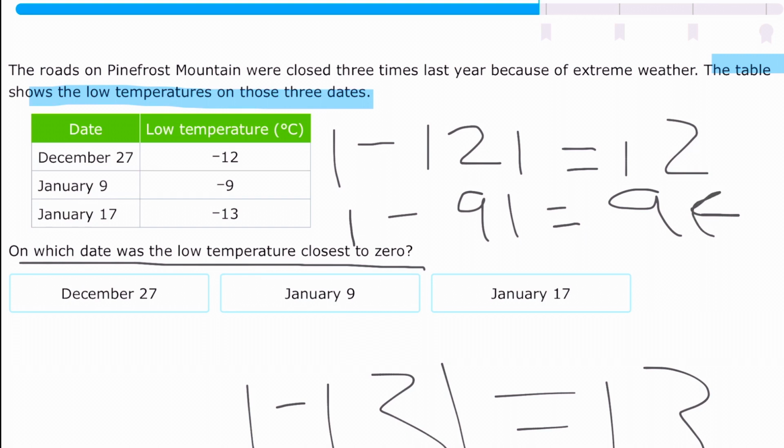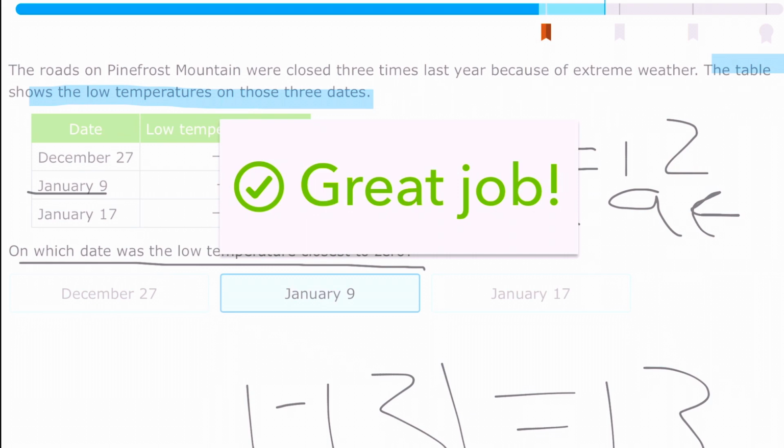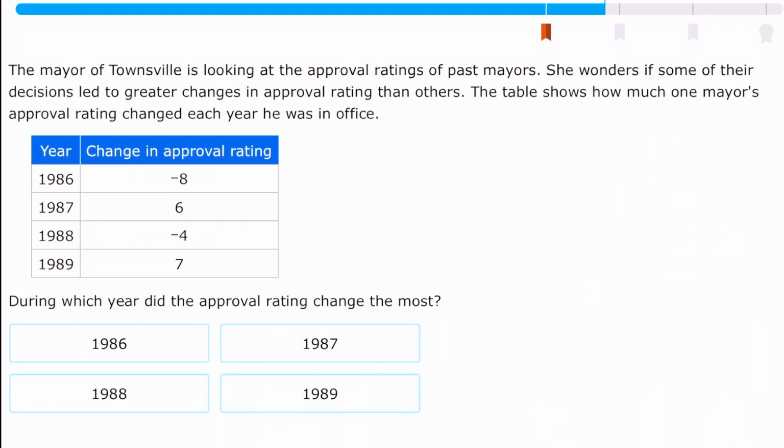Once you find the absolute value, which means it's closest to 0, which means it's January 9th. And for a sentence answer for that, you'd say the day where the temperature was the closest to 0 was January 9th.